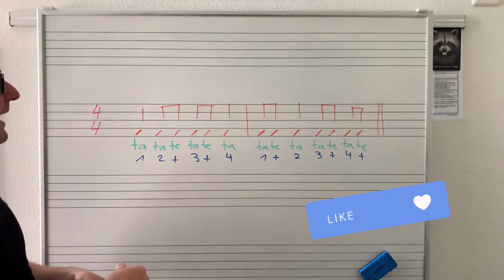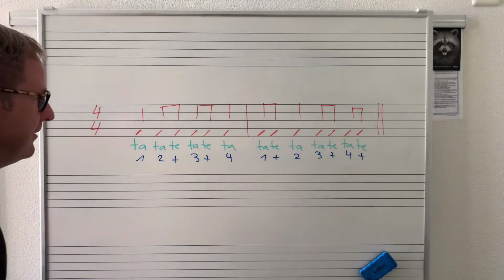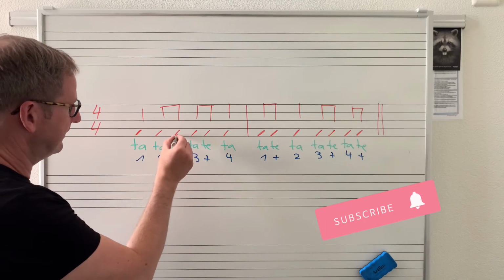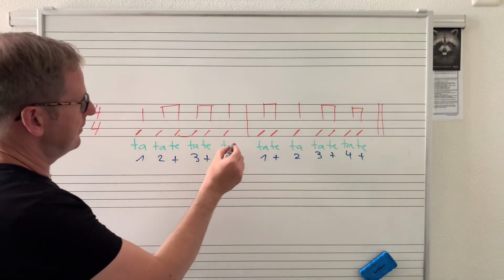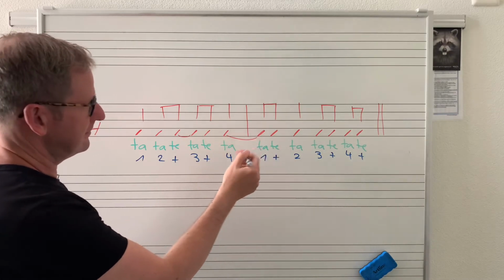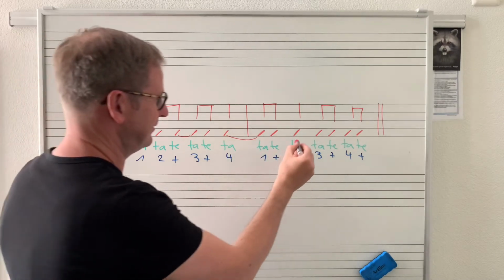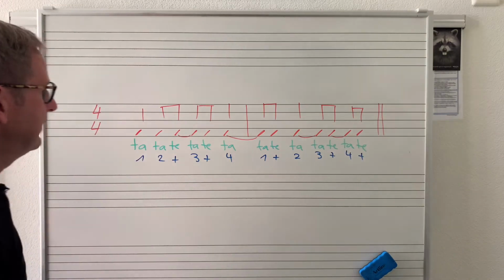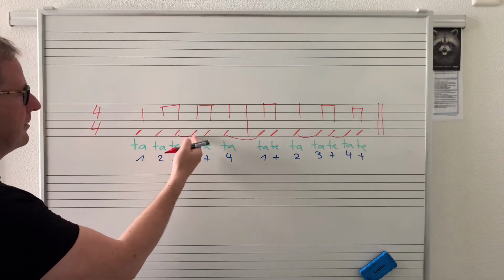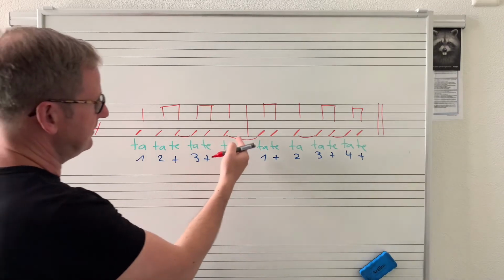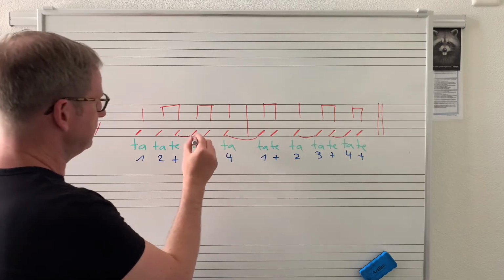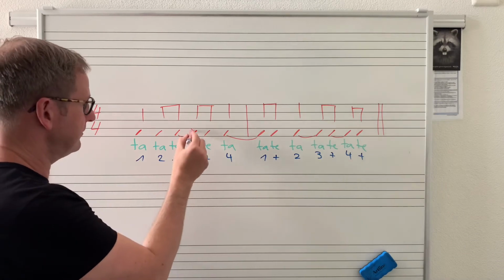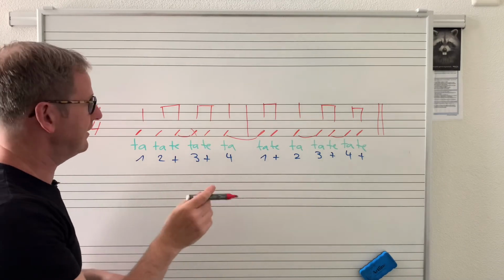Now, what happens if you have something like that? Or here, that's what we love most, or here, and also here. Then these two notes are connected together. These two are connected, so you have to count them, but you don't have to play them on the piano, for example.